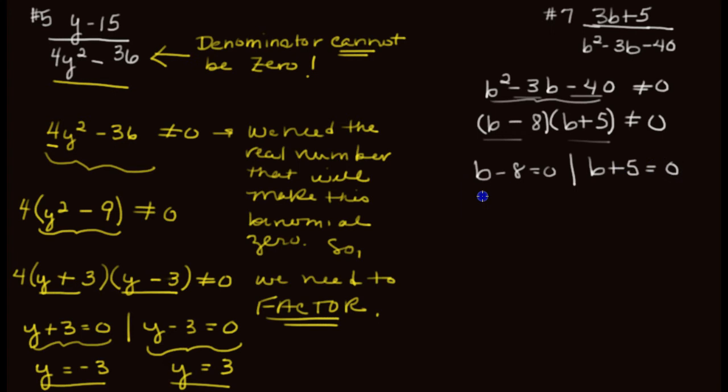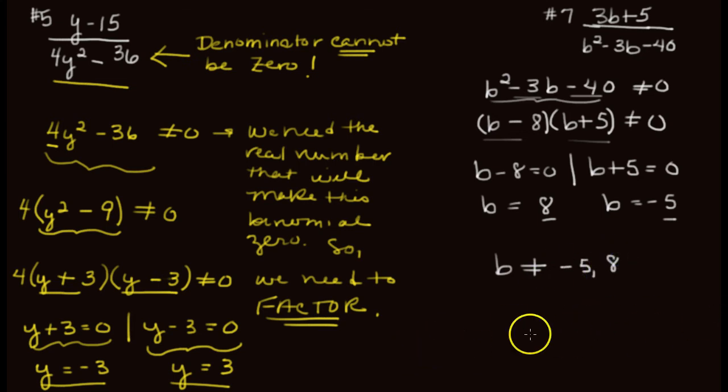So here b is going to be equal to 8, because if I plug in 8 here, 8 minus 8 is going to give me 0. And here b is going to be equal to negative 5. If I plug in negative 5 for b, negative 5 plus 5 is going to be 0. So the two real numbers that cannot be used in this domain will be 8 and negative 5. So b cannot equal negative 5, nor can it equal positive 8.